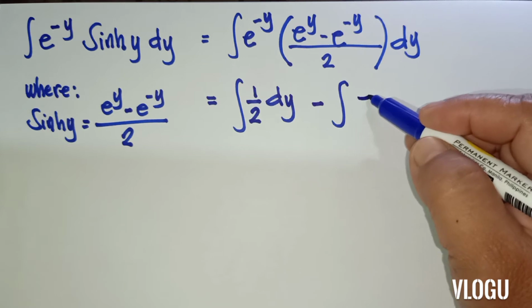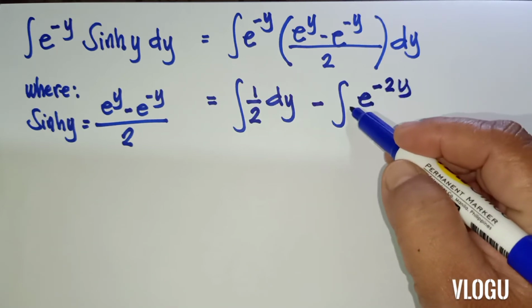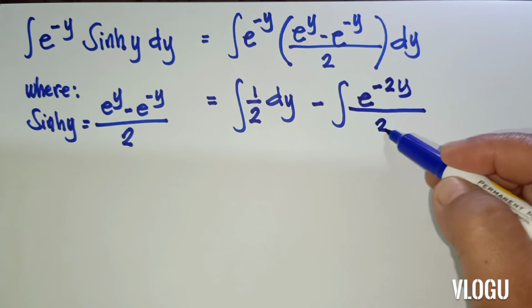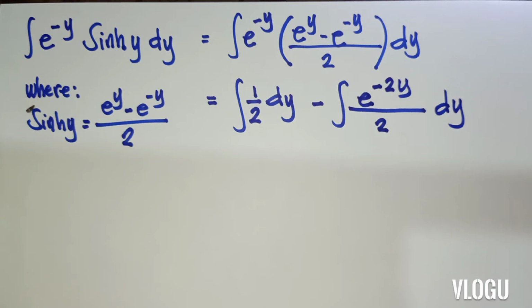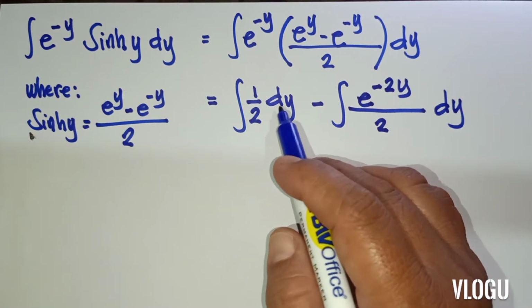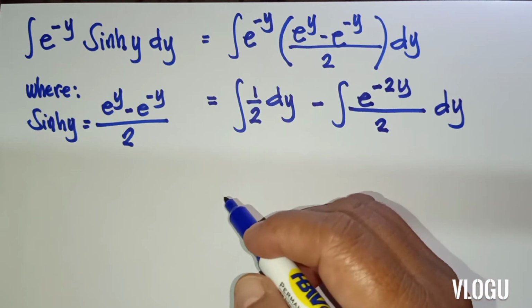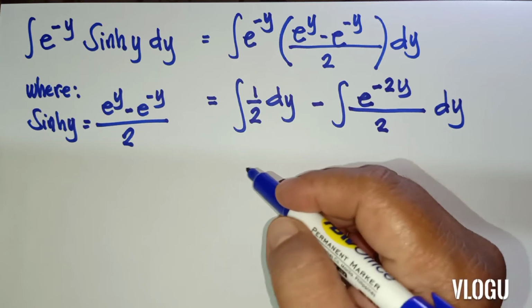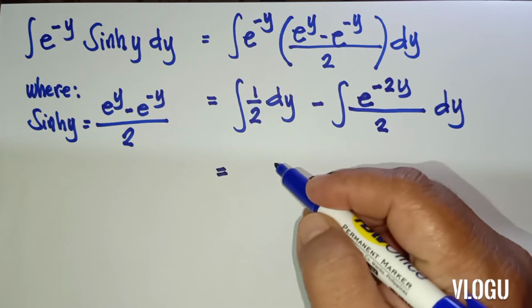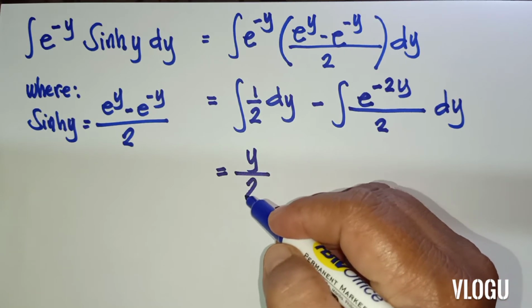So you will have e^(-2y) over 2 dy. Therefore, the integral of dy is equivalent to y. So we will have here y over 2.